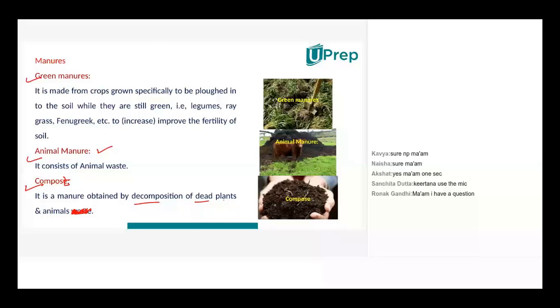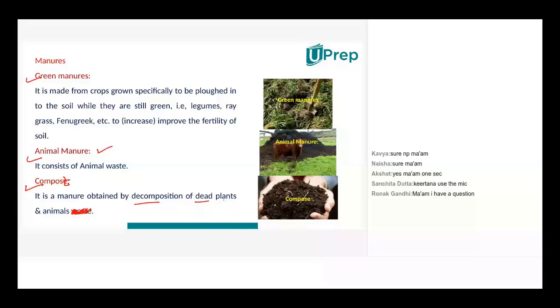Kavya, can you just give a short brief about manures quickly? What are the three things that we have learned? Manures are basically things that add fertility to the soil and give it more minerals so that the soil becomes more fertile for the plant to grow better and get more nutrients. Correct. So what are the three types of manures?